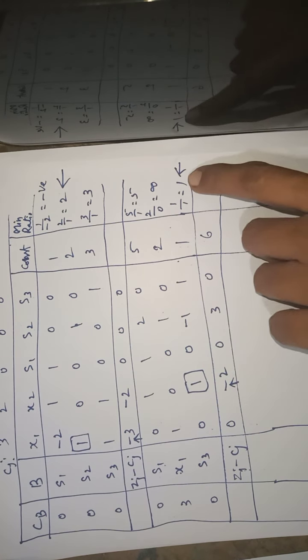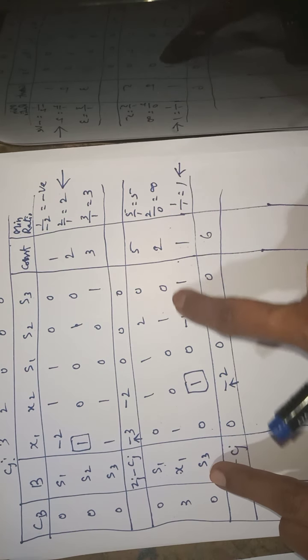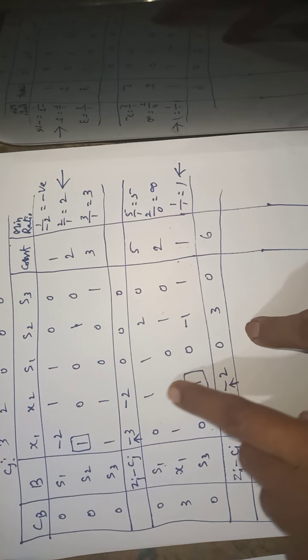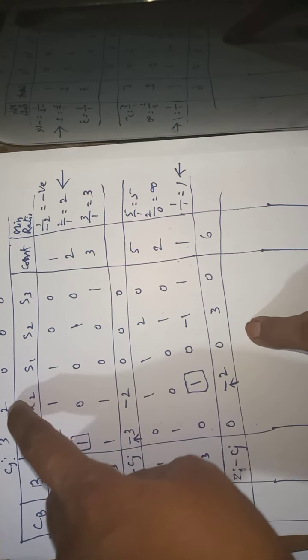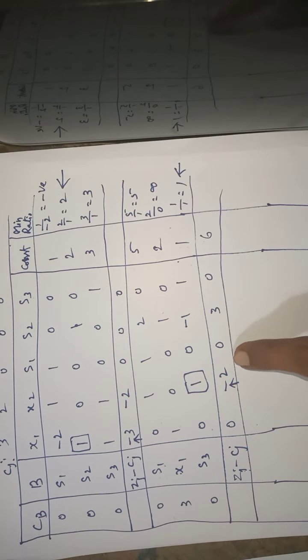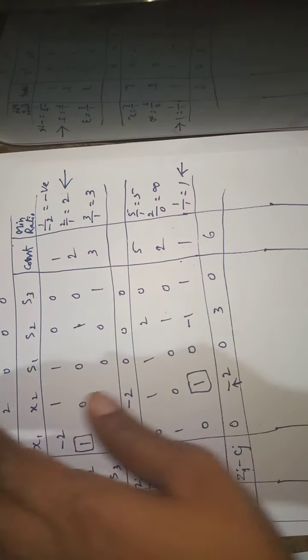Now here S3 is the leaving variable, whereas X2 is the entering variable. Above X2, how much value is there? 2 is there.